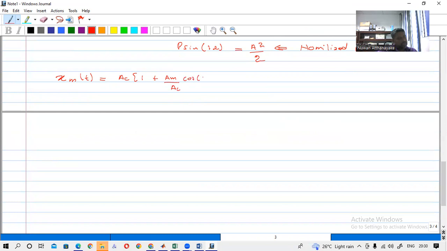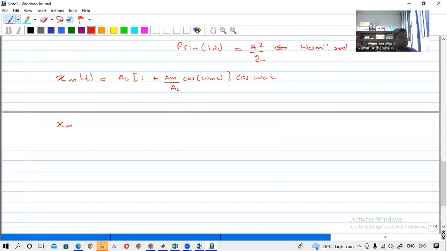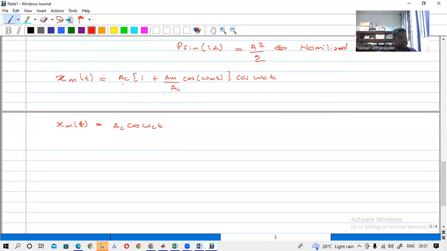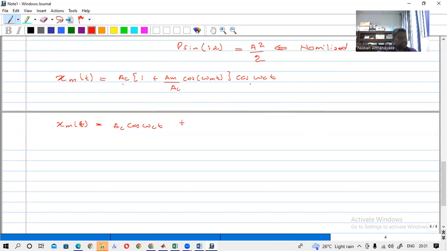Here we have cos ω_m t, that is our information signal, and here we have cos ω_c t, this is our carrier signal, normalized carrier signal. If you expand this, you will have A_c cos ω_c t, and this is multiplied by this one plus, A_c cancelled, you have A_m cos ω_m t cos ω_c t.